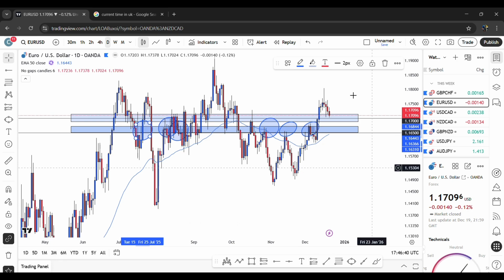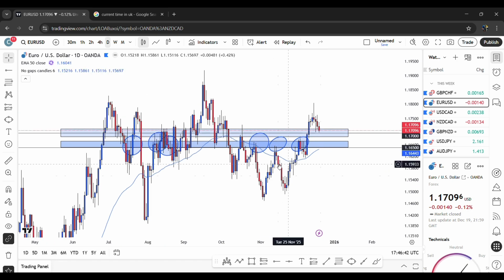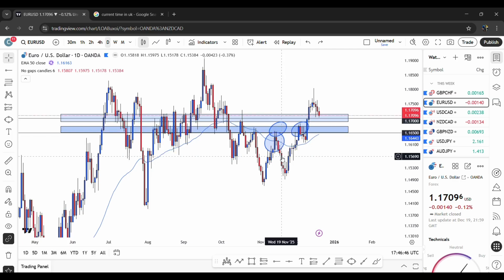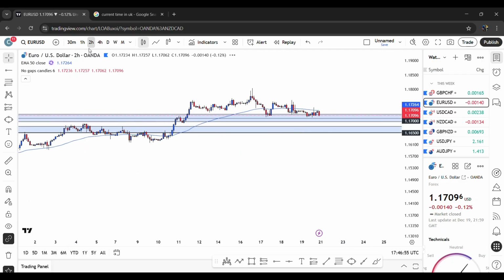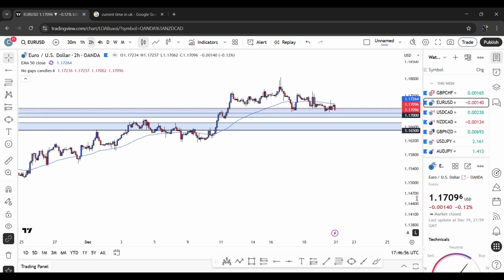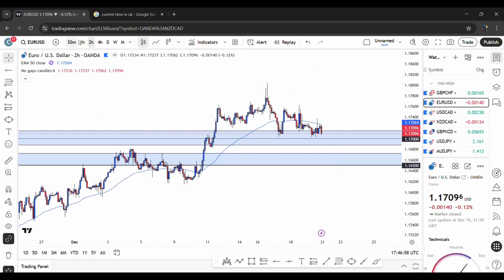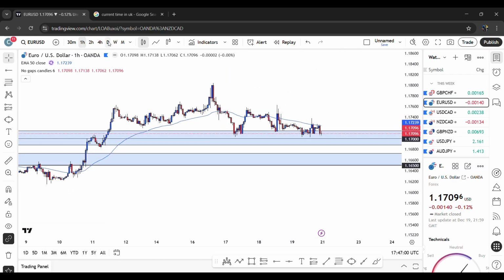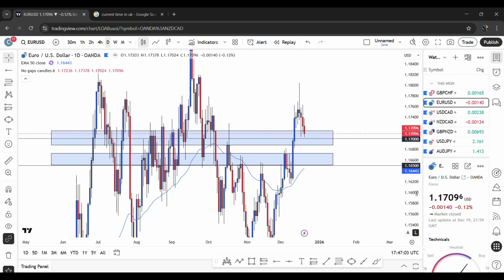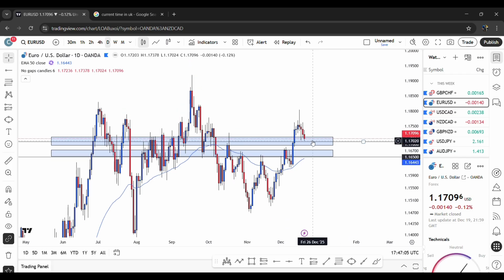So we got 6 points on this one as well. Now what I'll be waiting for the price to do is either give me an entry on this area of interest, which will be the shift of structure on the lower time frames, 2 hour, 1 hour, or 30 minutes, wherever, and then give me my entry signal, which will be the engulfing. So either on this one or this one, and then we'll take a buy.